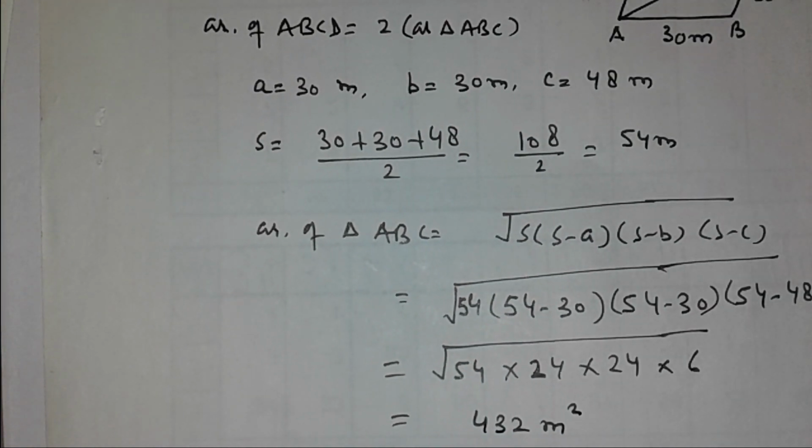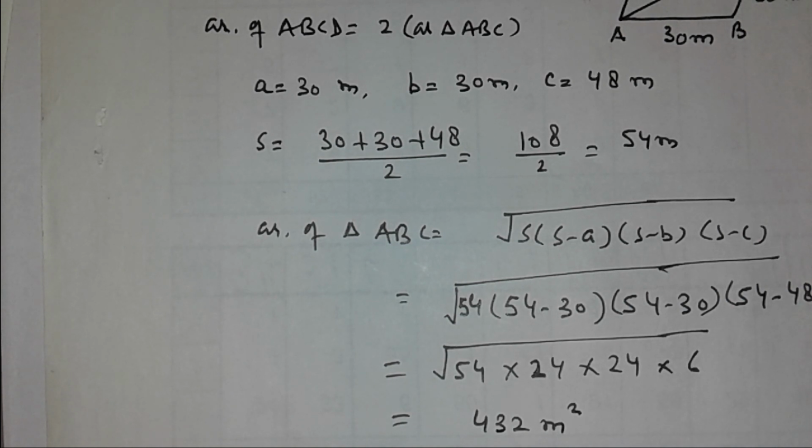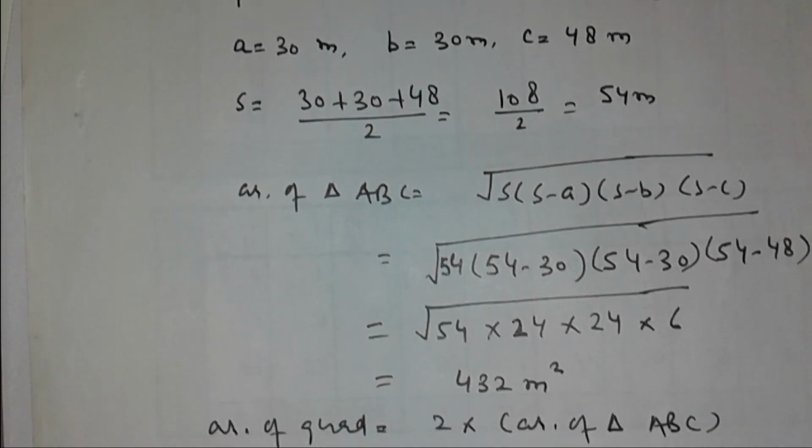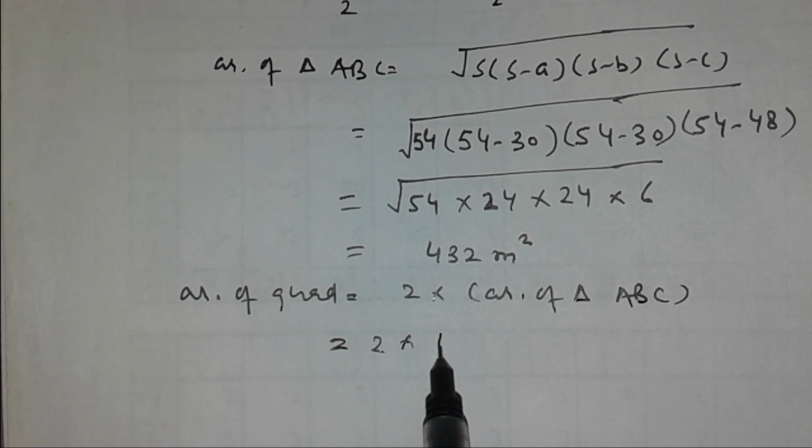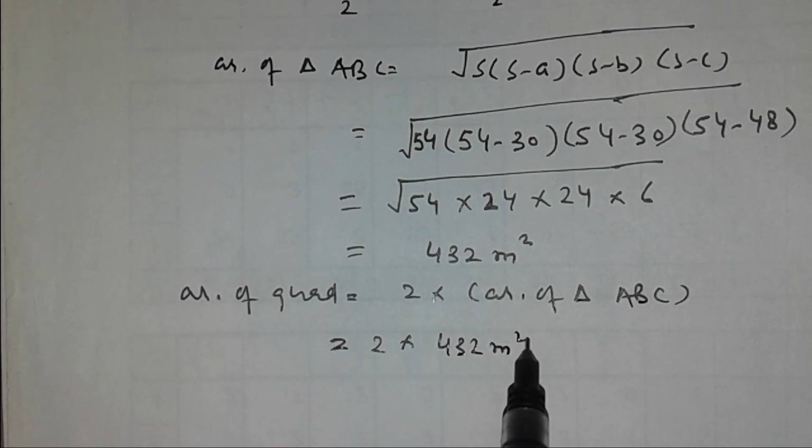Now area of quadrilateral is 2 into area of triangle ABC. So it is 2 into area of triangle, 432 meters square. That will be equal to 864.